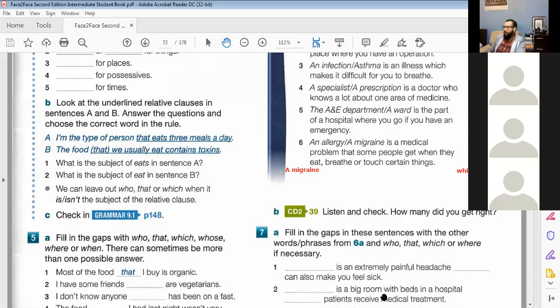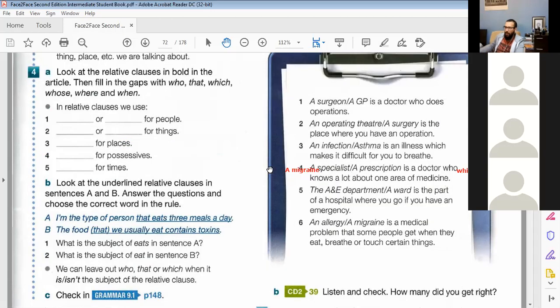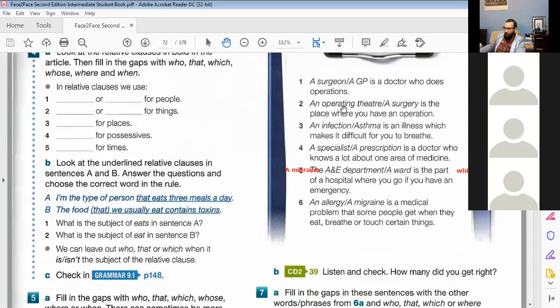Look for another word for a place. How many have we got so far? We've got operating theater. This is one place, right? We also have a surgery. This is a place. We have the A&E department. This is a place. And we have a ward. This is also a place.